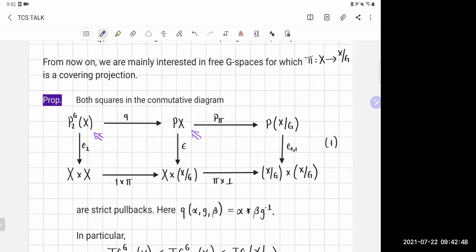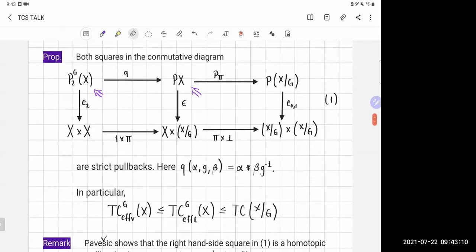And this map Q takes as input an element here and glues the splitting curves alpha and beta through the inverse of this element of the group.